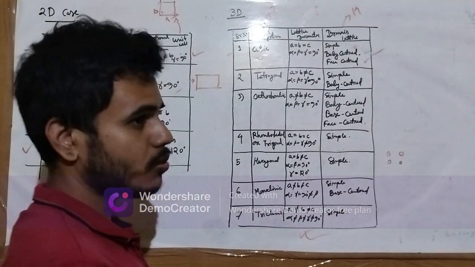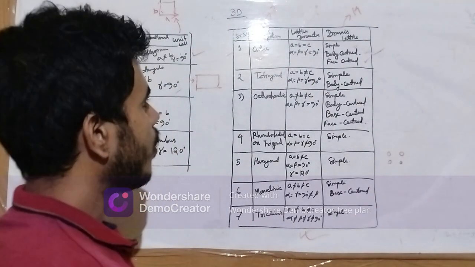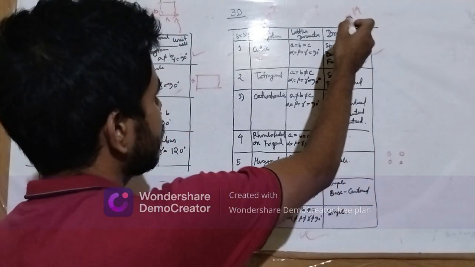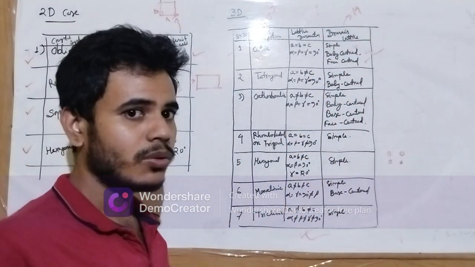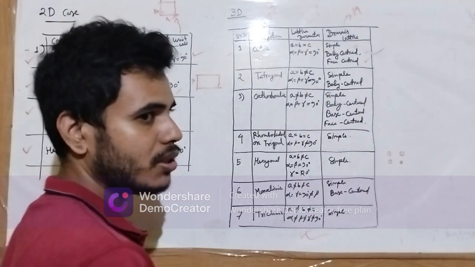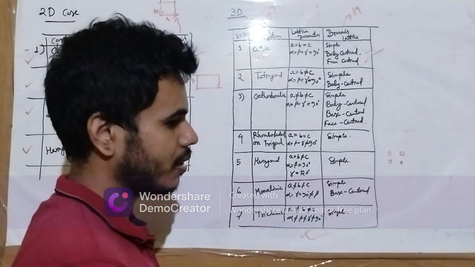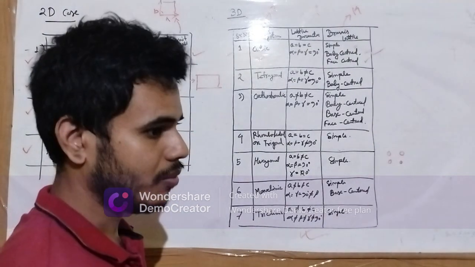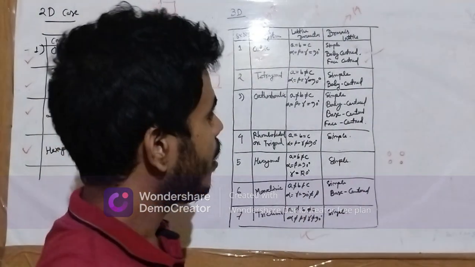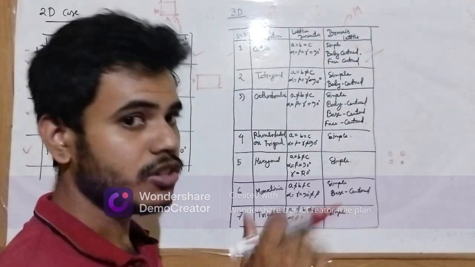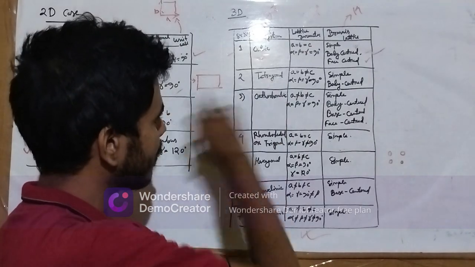In the previous class I told you that an infinite number of unit cells may be present, but we discussed only 14, because this happens because of the symmetry operation. Only these 14 exist in nature, and we find them in any material. So I hope you understand this.